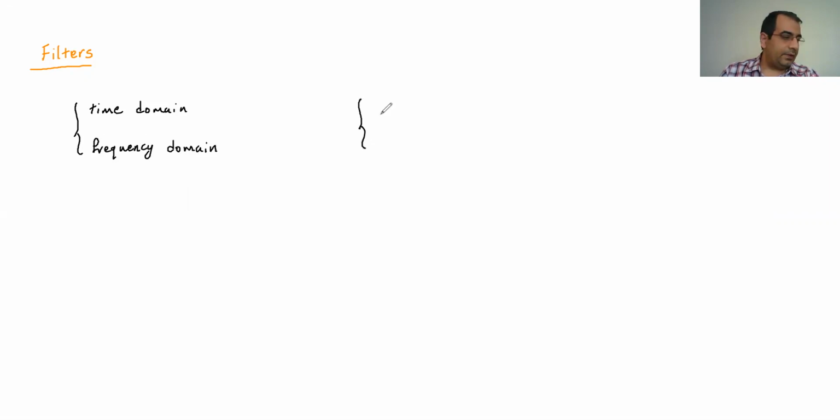Also, we have analog filtering, or we have digital filtering. Analog filtering usually is like that: we are using some kind of circuit to do the filtering for us. So that circuit does the filtering.